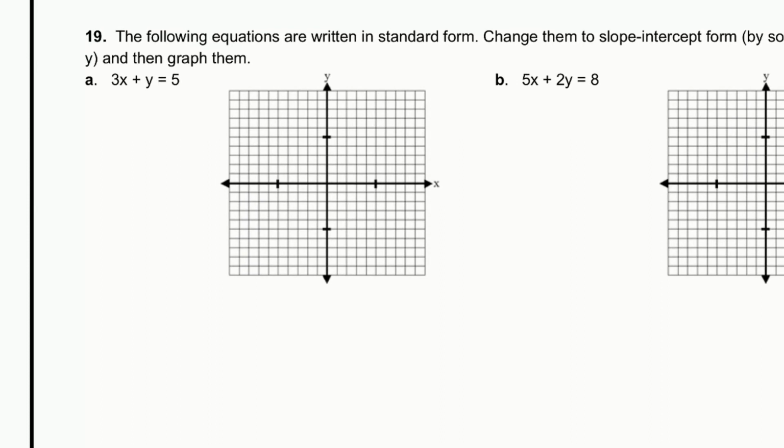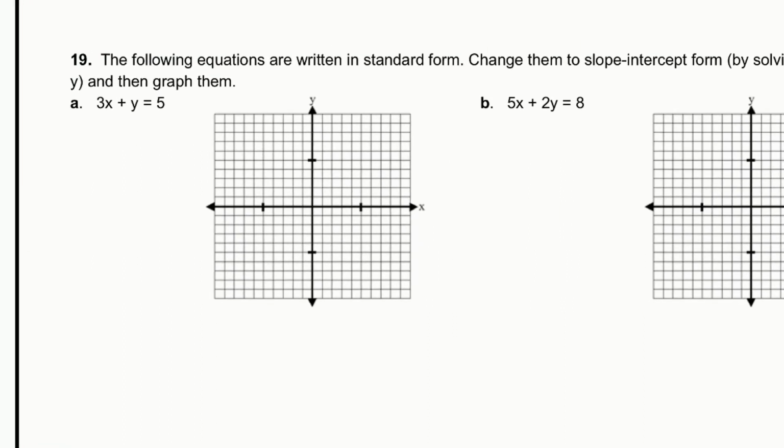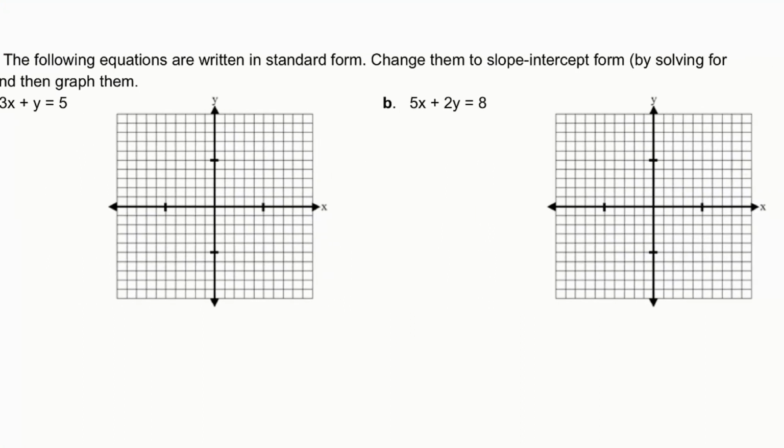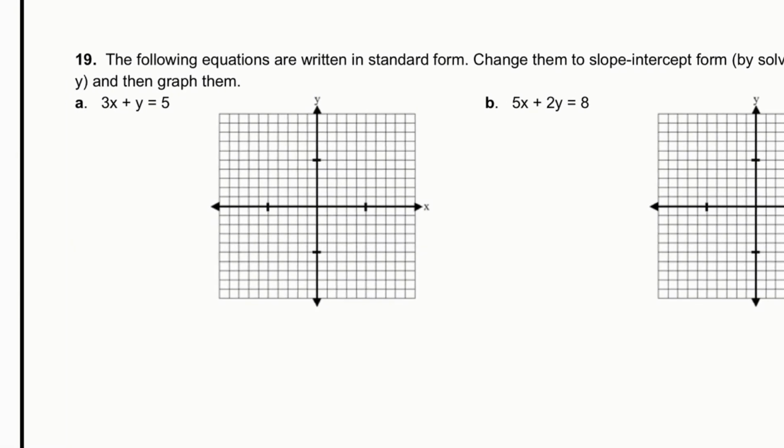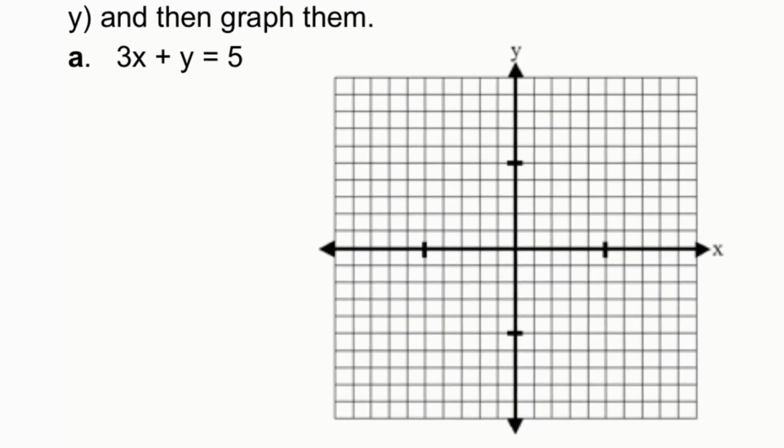All right, so we have equations written in standard form. You can either change them to slope-intercept form by solving for y and then graph them. This one really lends itself to solving for y because the coefficient is 1 on y, which makes solving for y really simple.